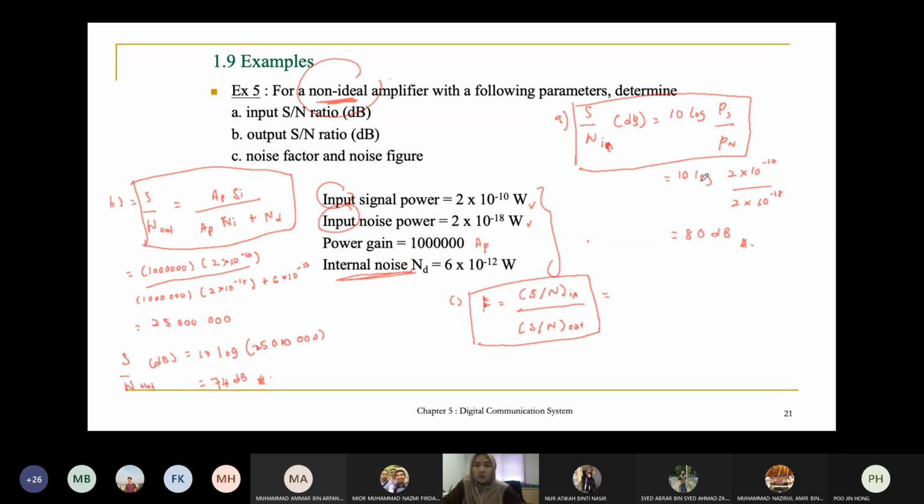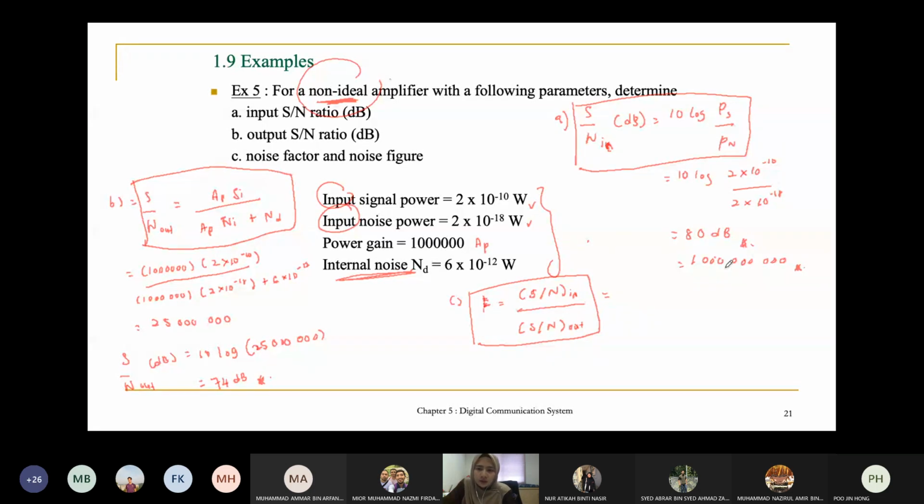So for the signal to noise ratio tadi, you just divide PS over PN without multiply with 10 log. This one is in decibel. So if you calculate in absolute value, you will get this value for signal to noise ratio input.